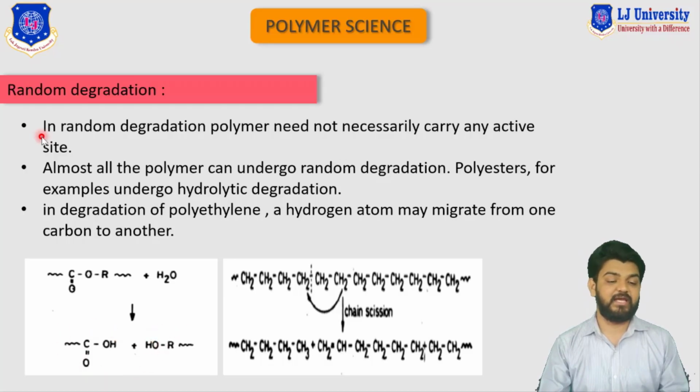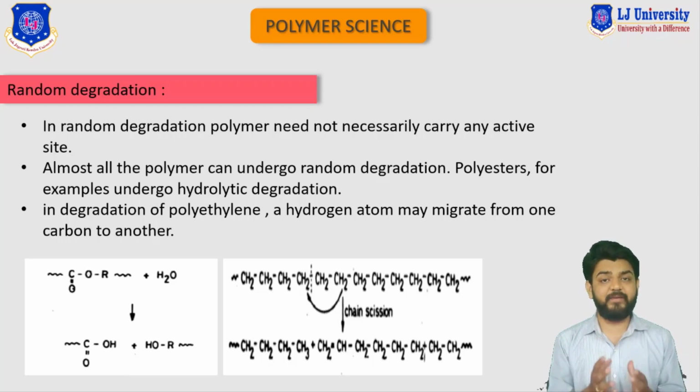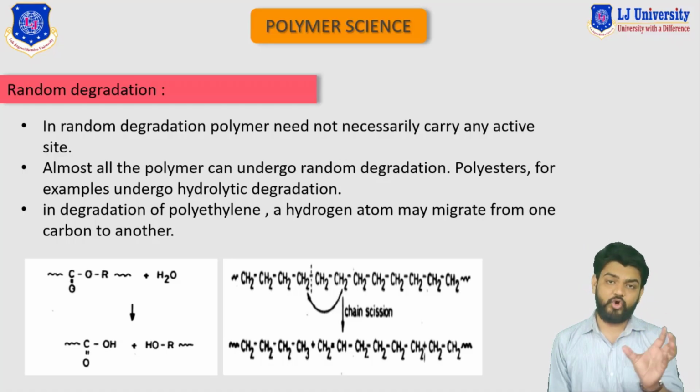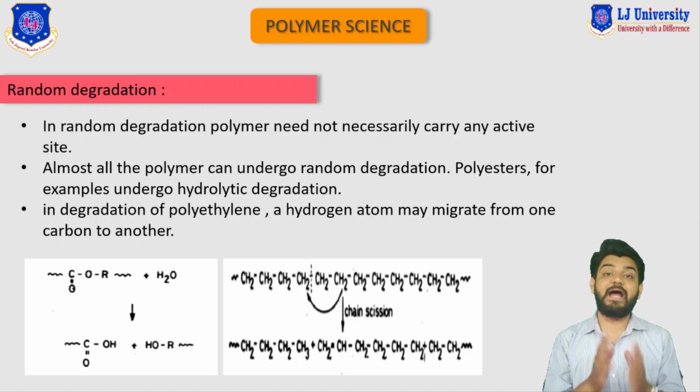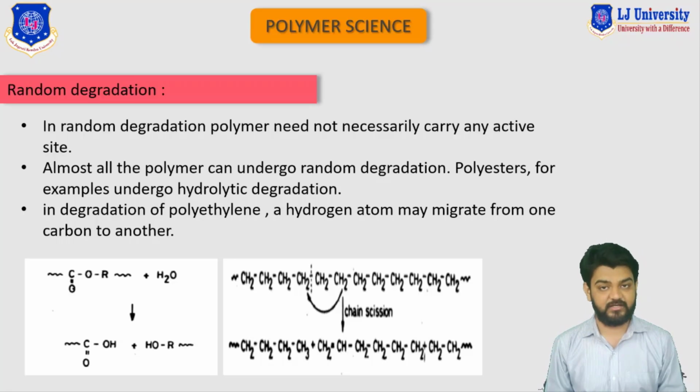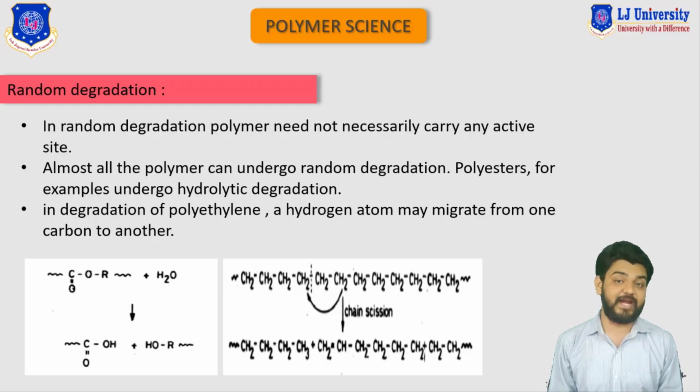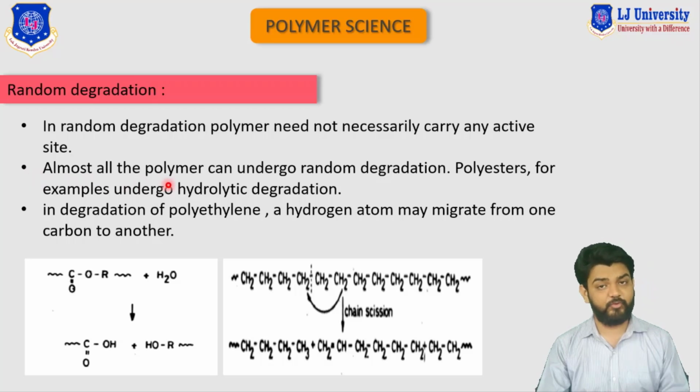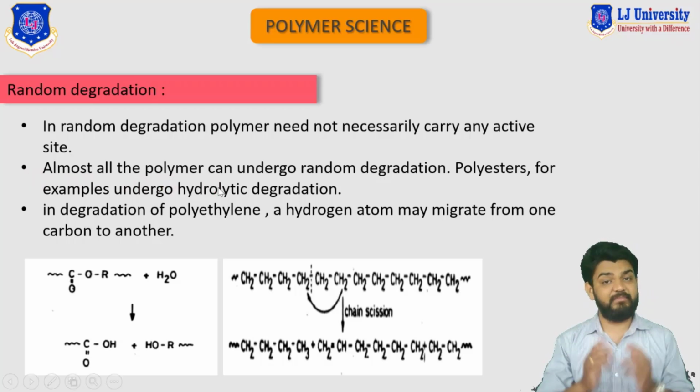In random degradation, the polymer need not carry any active site, which means that to undergo random degradation, the polymer does not require any active site. In chain polymerization, we have seen that the monomer or polymer needs to have a carbon ion which acts as the free radical. But in random degradation, we do not need any kind of active ion or free radicals. Almost all types of polymer can undergo this random degradation process.